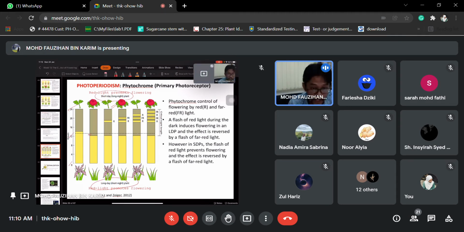Tapi for the long day plants, alright, katakanlah lepas 12 jam, you turn off the light and will go for darkness, alright, and then suddenly you give the red lights, alright, pokok long day akan flower, alright. The fourth column, the fourth bar, alright.